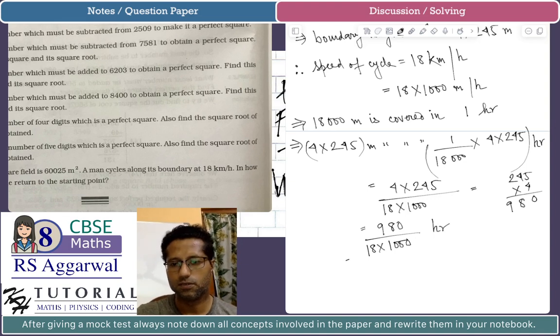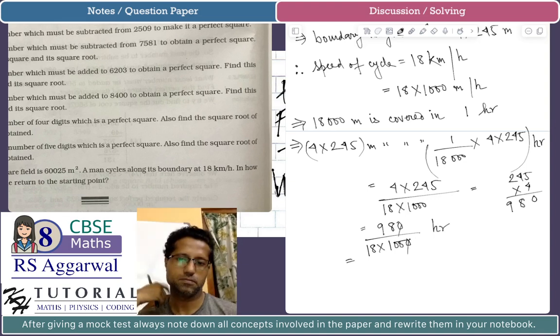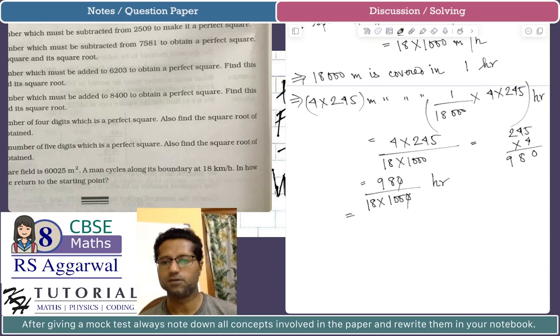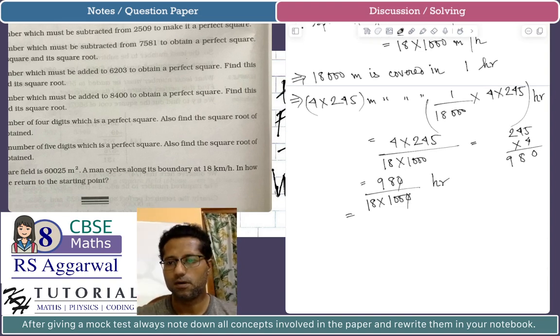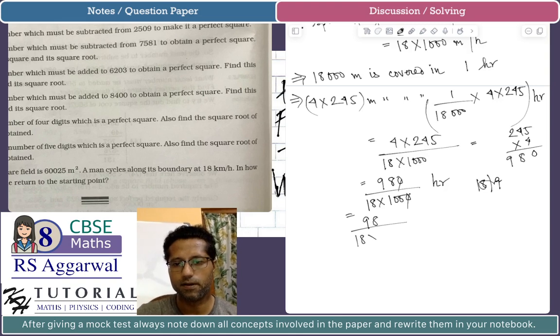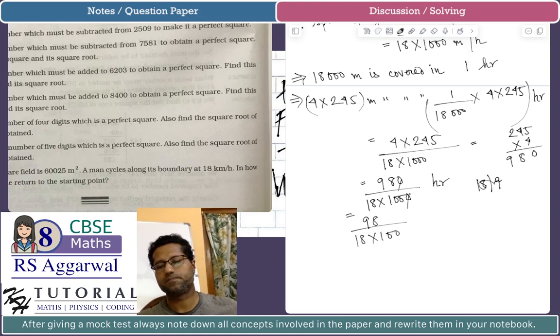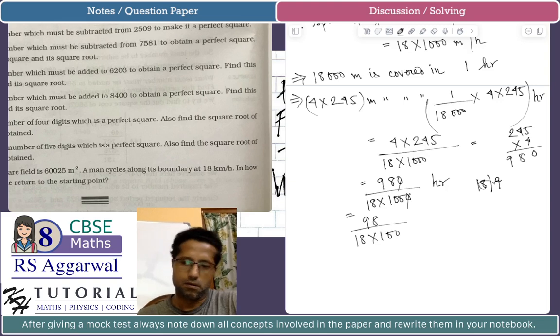So we can cancel 1 zero and cancel 1 zero. Now, if we divide 98 by 18, so this is 98 by 18 multiplied by 100. Now we can cancel with 2. This is 49 and this is 9.